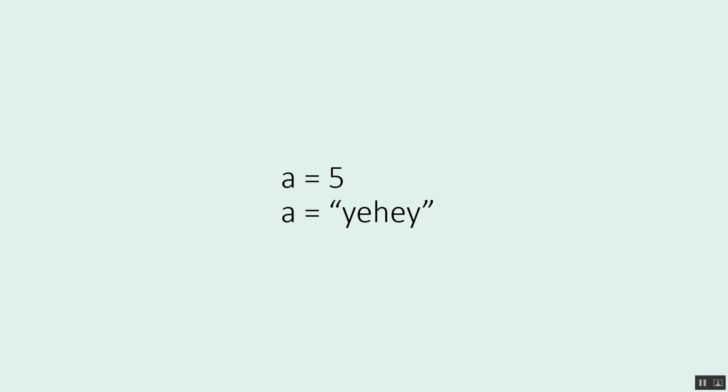Until the program ends, you cannot change its data type, unless you try to parse this value here into an integer. So the type of this variable is still strictly enforced based on its previous assigned value. If you assigned 5 to a, until the end of the program, this a here is an integer.